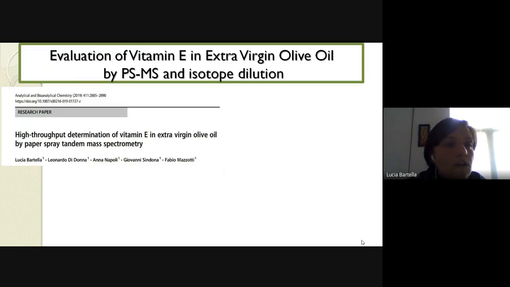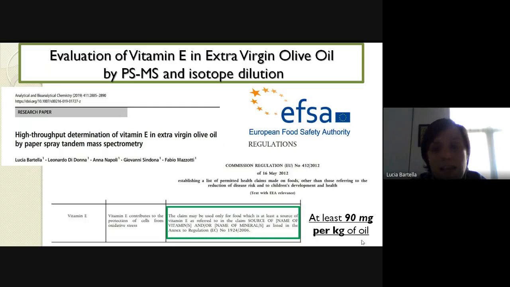This research work deals with the evaluation of vitamin E, also in this case by paper spray, tandem mass spectrometry, and isotope dilution method. And also in this case, this work served this recent European regulation, which in the case of vitamin E, it permits this health claim.